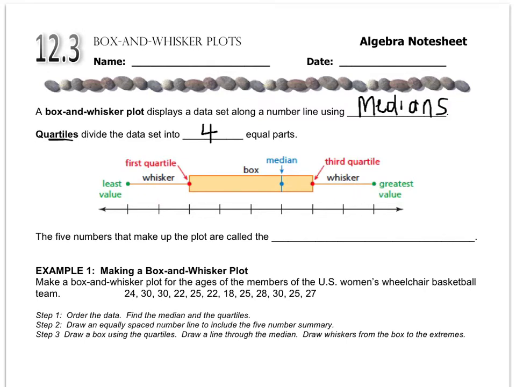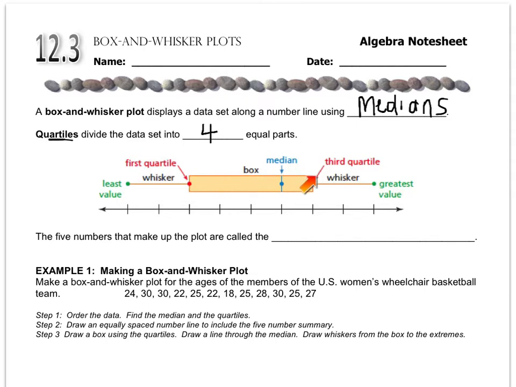But let's say we're talking test scores, right? You got a test score of an 82. Was that a good score or a bad score? Was that like what most people got, or was that not like what most people got?